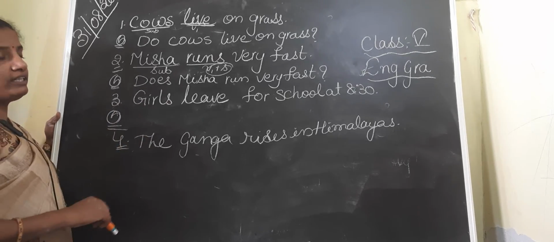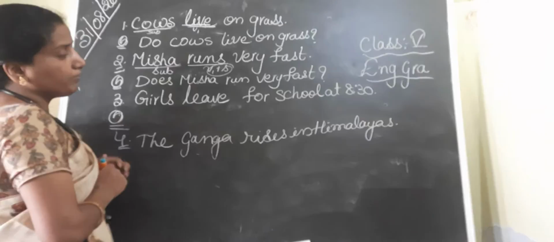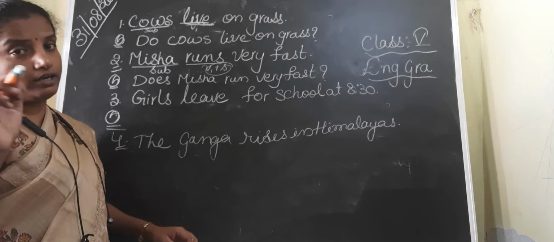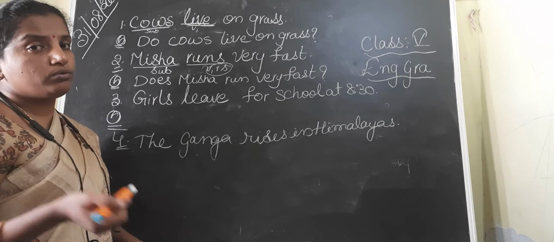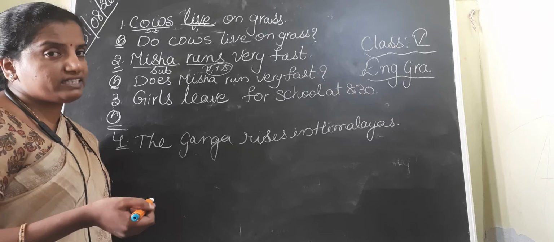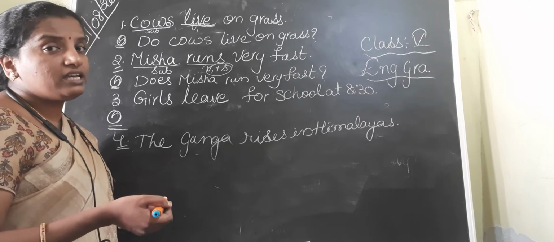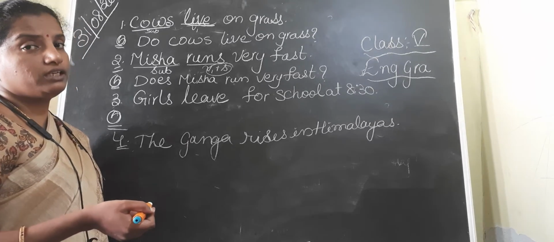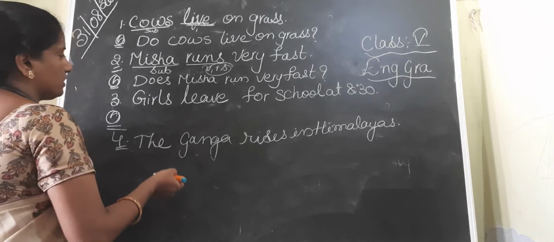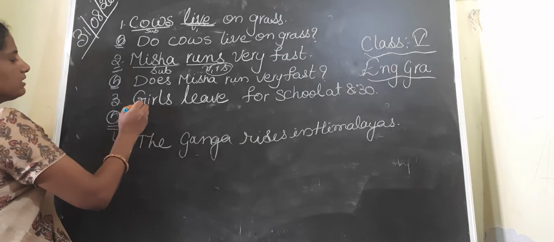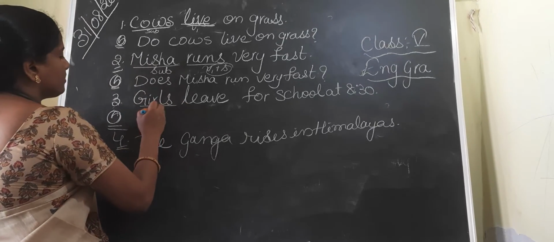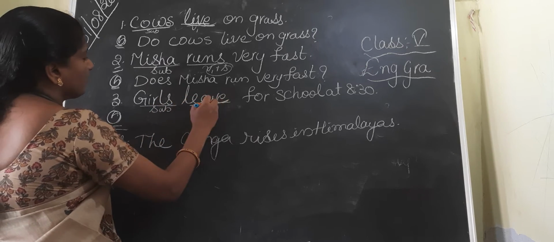So according to the verb form and the subject, easily we can frame the questions. Coming to the third one. What is the given subject to you? Subject, already I told you, is about whom we are talking in the given sentence, or we can say the doer of the action is known as the subject. Here girls. Girls is the subject. Leave is V1.